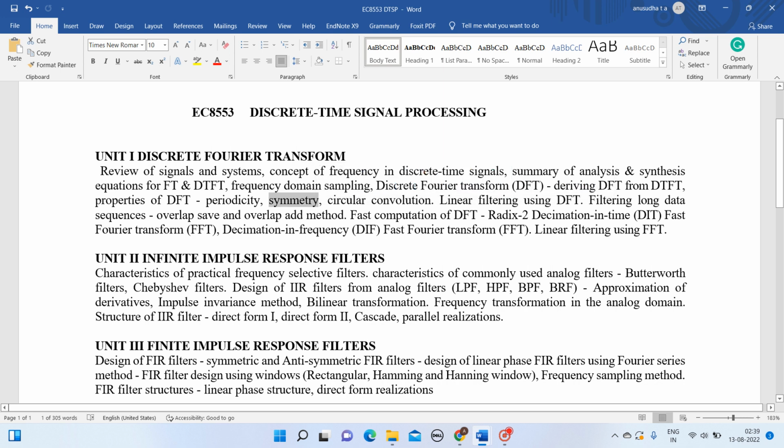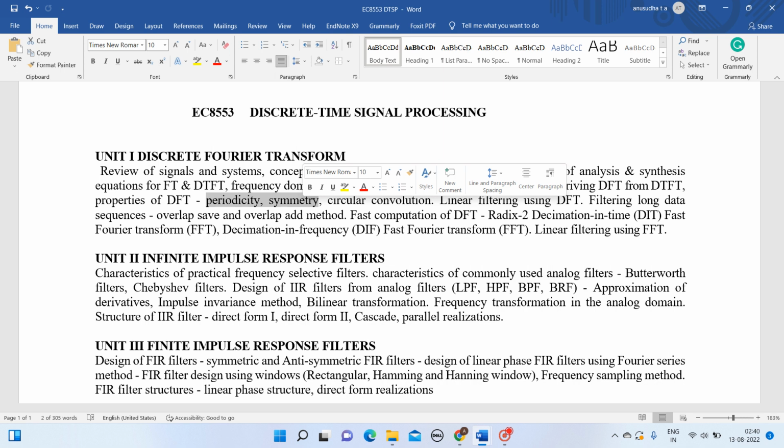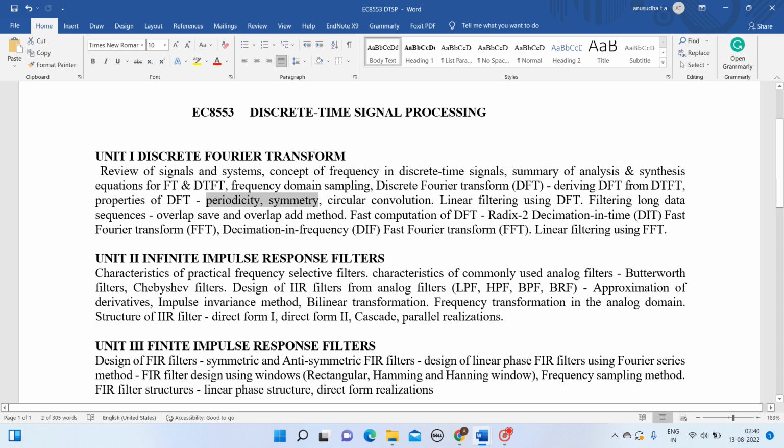The periodicity and symmetric properties are important. They might ask a 2 mark question, and it will also be very useful while solving the DFT problem, especially the matrix based DFT problem.